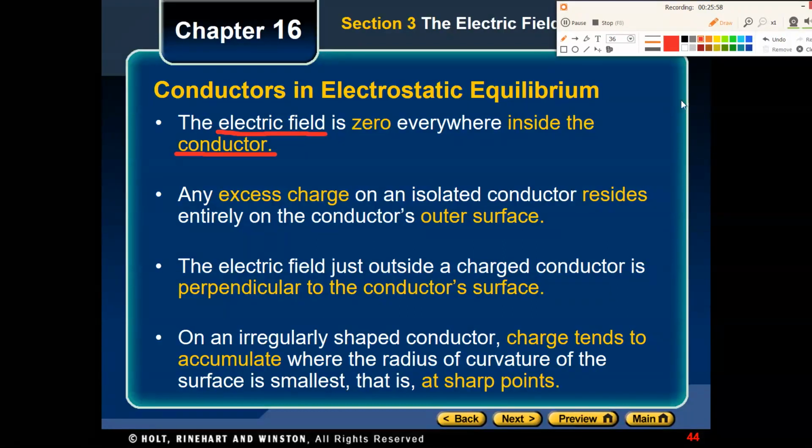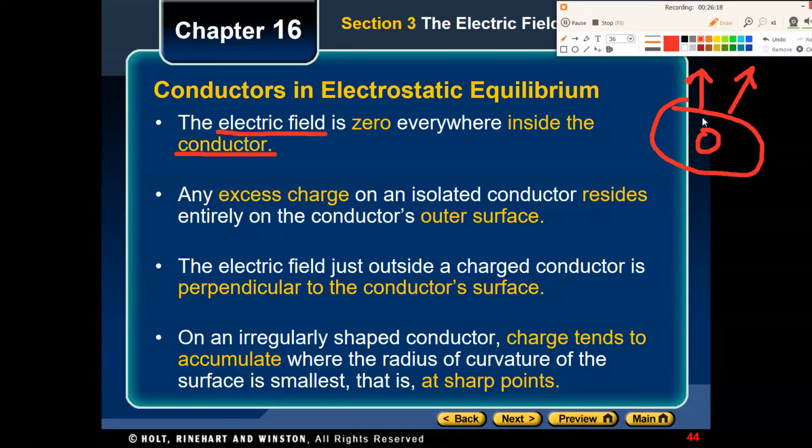For example, we have a copper wire, a conductor. All the electric field within this copper wire is 0. Inside is 0. All the electric field outside points away from this conductor.